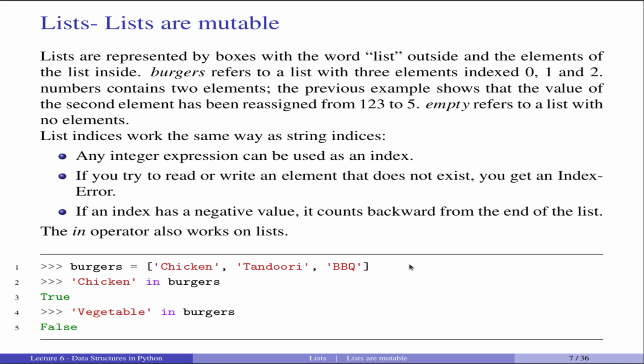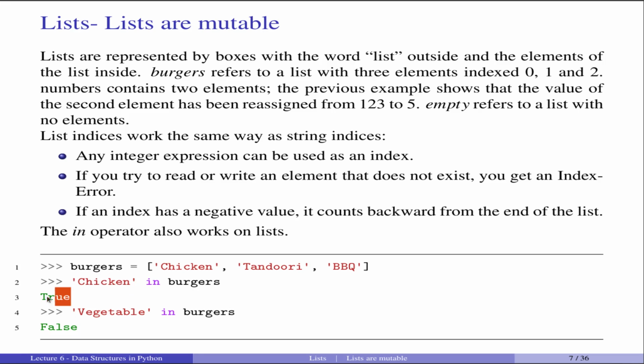Interesting point, there is also one operator called the in operator that works on lists. So for example, if I have a list burgers which is equal to chicken, tandoori and barbecue, we can use the in operator to check if some element is within the list or not. If I give the command chicken in burgers, it will return true, because the element chicken is already present in burgers, right?